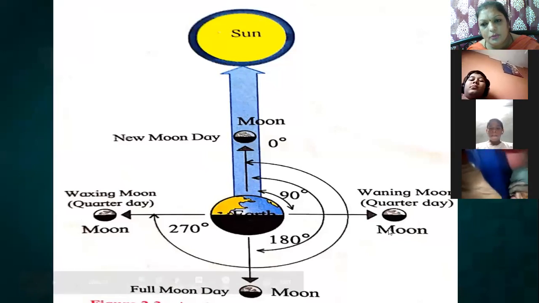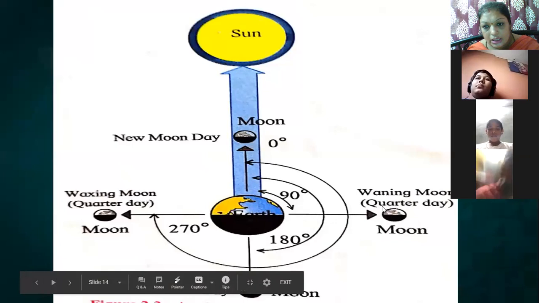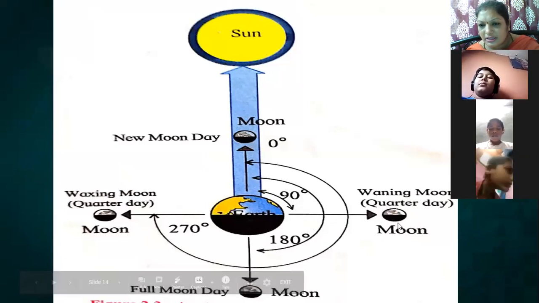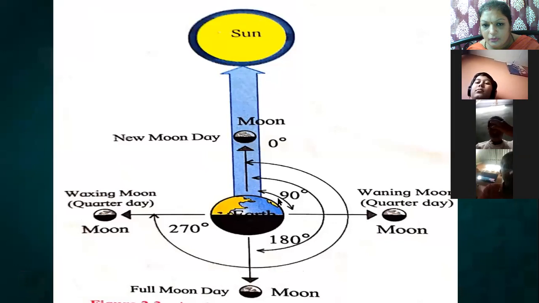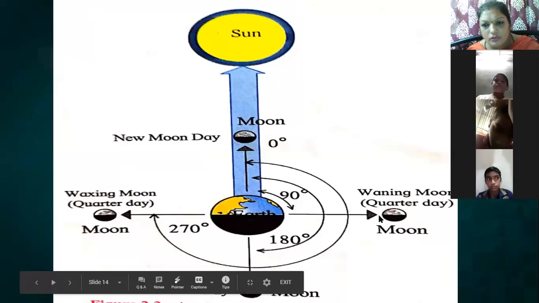So when the moon makes an angle of 90 degree, the moon is half seen, semicircular in shape. Again, I'll repeat, when the moon makes an angle of 90 degree, it is semicircular in shape. You can see half part of the moon.